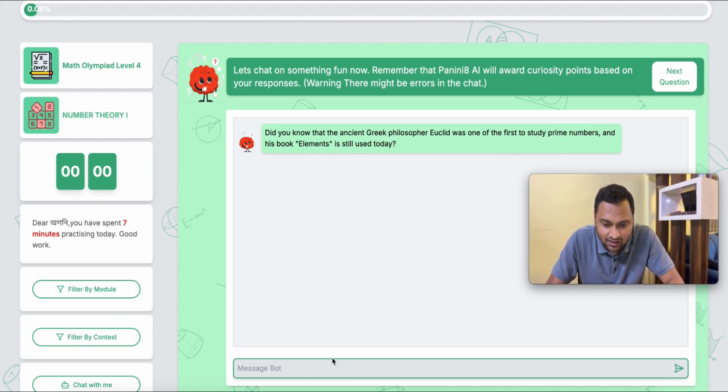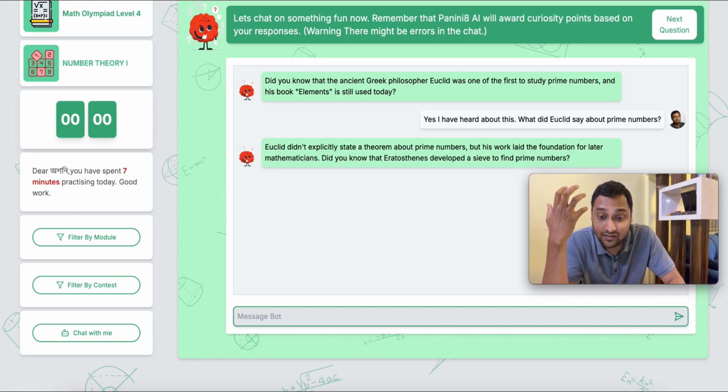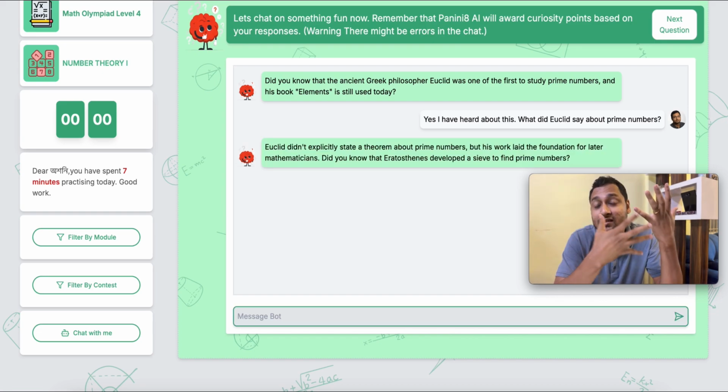So let me write something here. Let's say, yes, I have heard about this. What did Euclid say about prime numbers? The more conversations I have with the system, the more it talks about that idea.